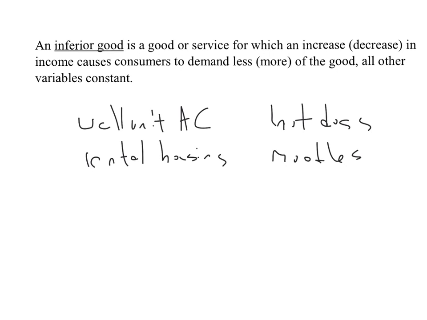We call these types of goods inferior goods. Inferior goods, a good or service for which an increase in income causes consumers to demand less of the good, holding everything else constant. So these are goods for which your demand responds negatively to changes in income.